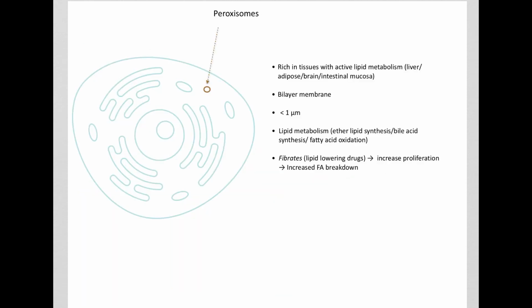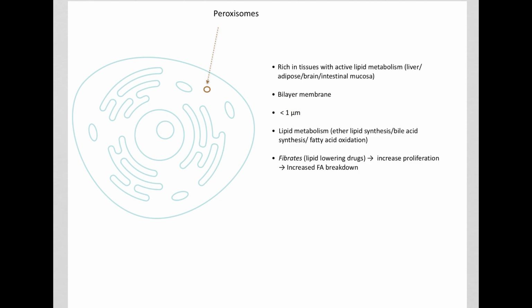In today's video, we shall look at lipid metabolism in peroxisomes. Peroxisomes are organelles that are rich in tissues that have active lipid metabolism, such as liver, adipose tissue, cells in the brain, as well as intestinal mucosa. Peroxisomes are typically less than 1 micrometer in size and have a bilayer membrane.